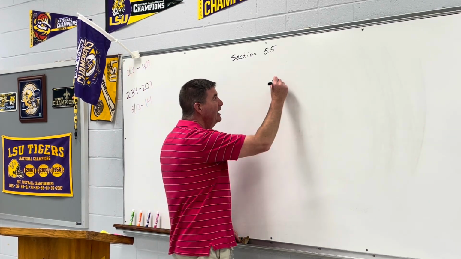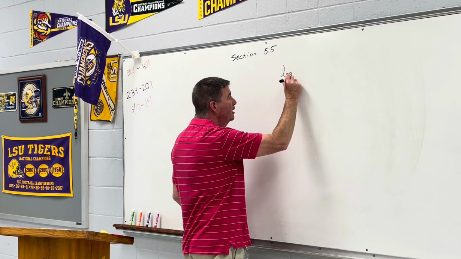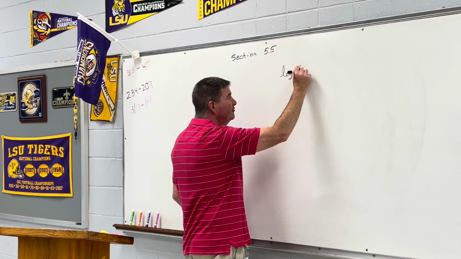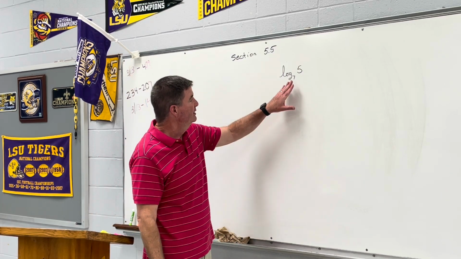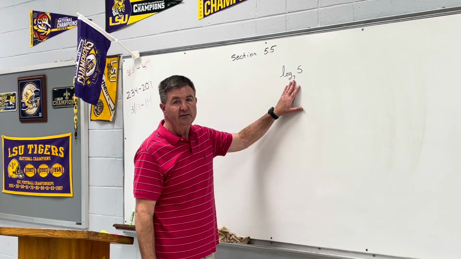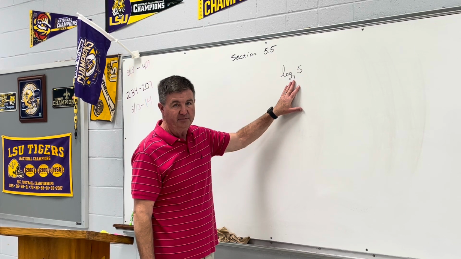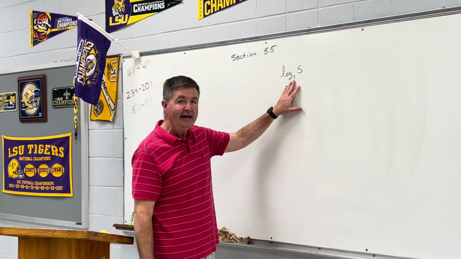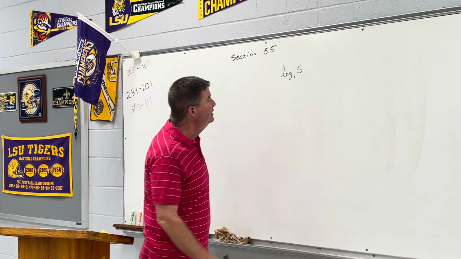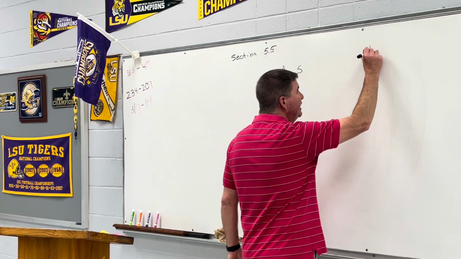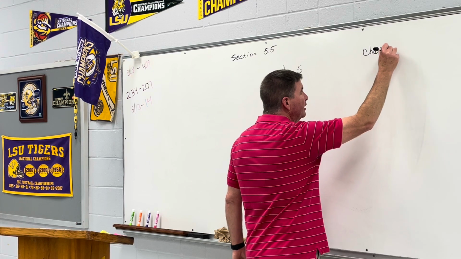But if I have log base 7 of 5, I can't put that into the calculator because the calculator does not do log base 7. It only does log, which is log base 10, or natural log, which is log base e. So what we do here is we use something called a change of base formula.